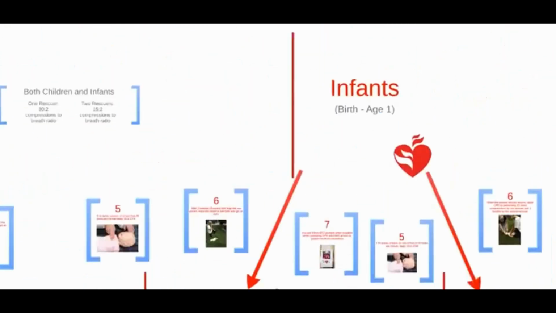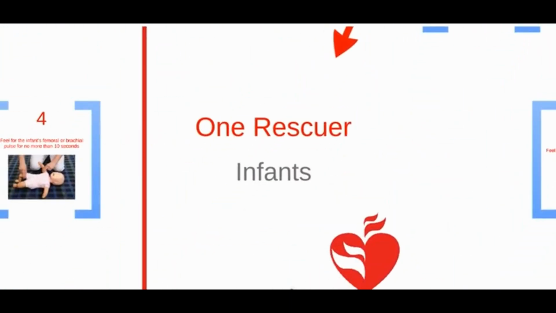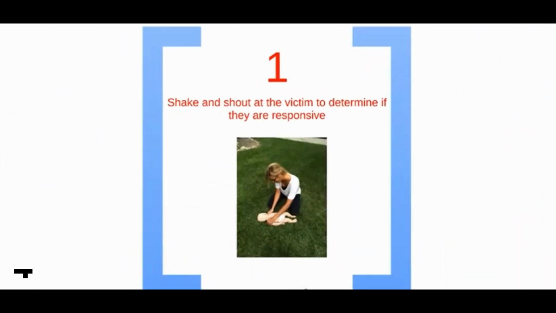Next, we'll go into the basic life support for infants, which are considered to be from birth to age 1. We'll go over the process starting with one rescuer. Like with children, step 1 is to shake and shout at the victim to determine if they are responsive.